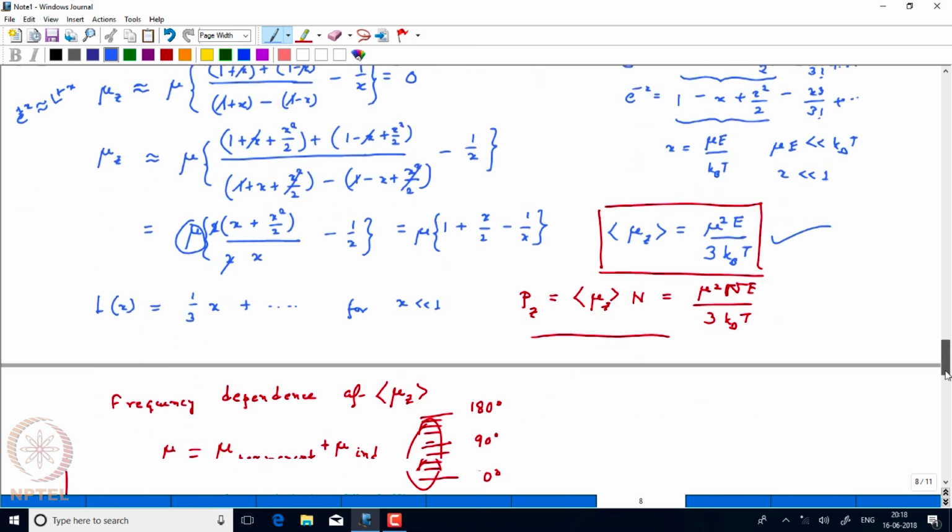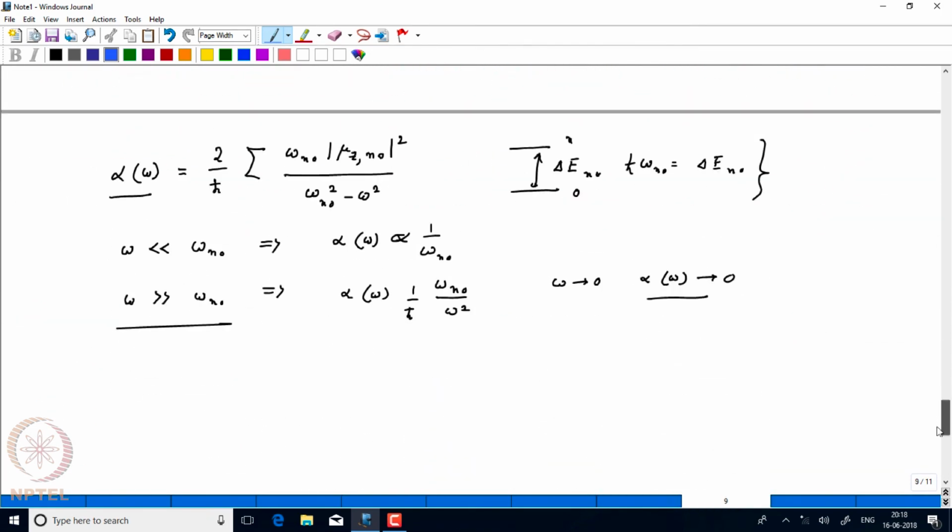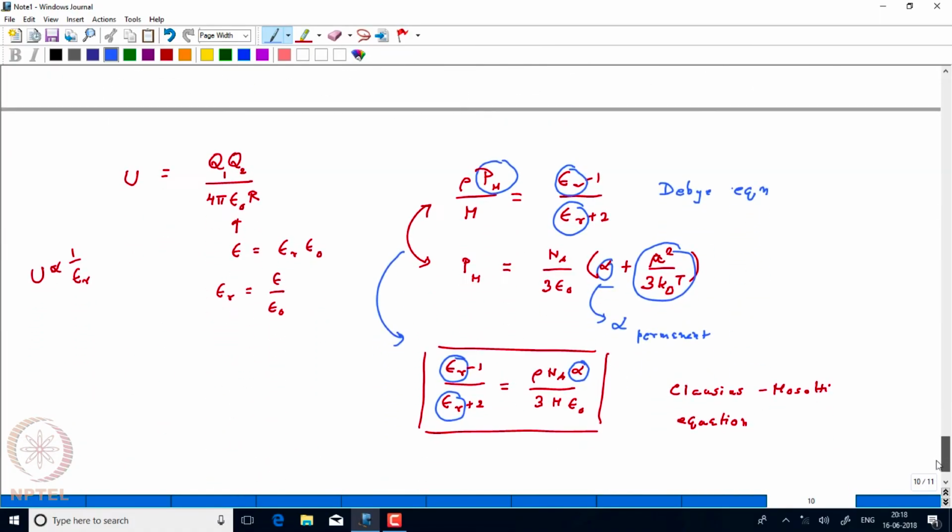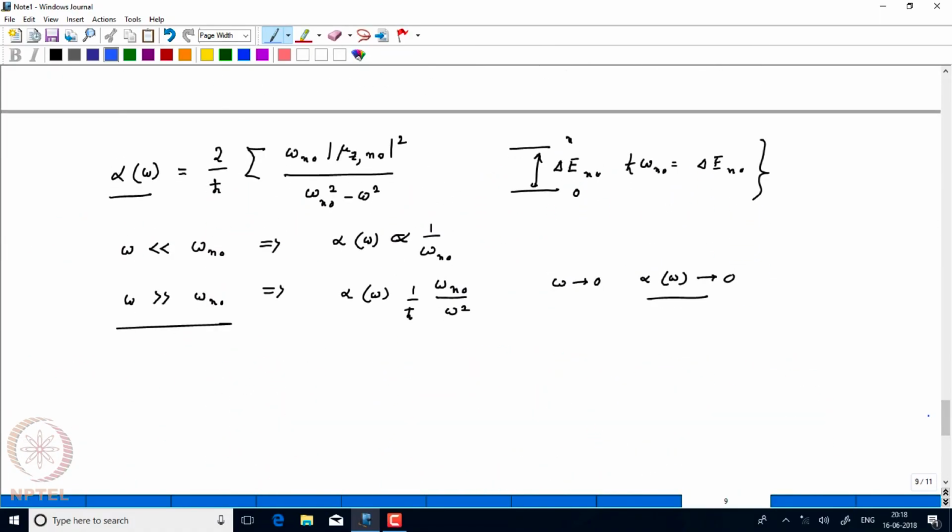So, this equation we will be using later on, and then we moved on.